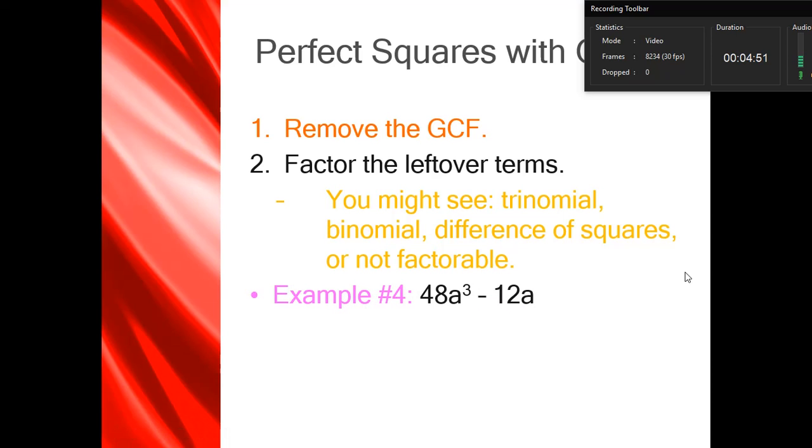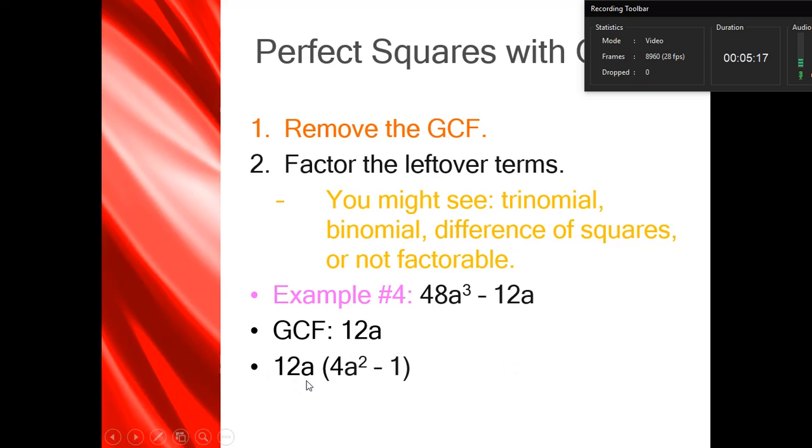So we're going to try this example. I'm first going to look at both quantities and see if they have a greatest common factor. So I can tell 48 and 12 have 12 in common, and they both have at least one A that can be given up as a greatest common factor. Now, I'm going to go through and divide both terms by 12A.